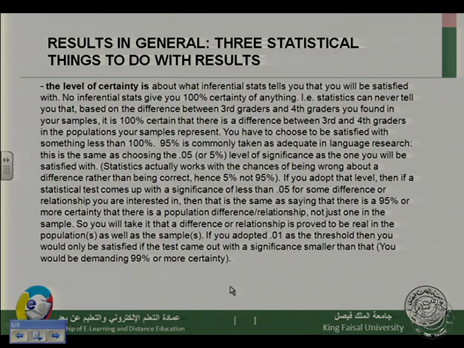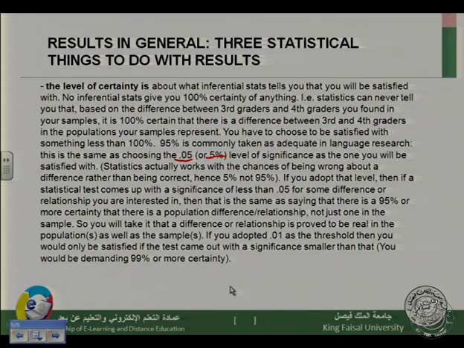So you can be 95% sure that your results are good, but you have to say that there is a margin of 5% of error, because there is nothing perfect. So the level of uncertainty is 5%, and as I told you, the significance level is 0.05. So 95% is the percent that we can reach.